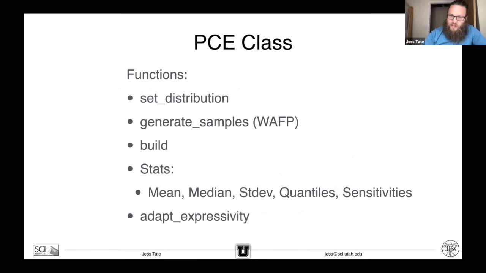You have one where you generate the samples, and the most common method that we implemented is called WAFP, or weighted Fekete points, and it's basically an adaptive strategy to choose efficient parameter sets to run your model with. And then you have this PCE build function, which we'll talk a little bit more about in the next slide. And then the stats, which is also very important, that you'll interact with quite a lot.